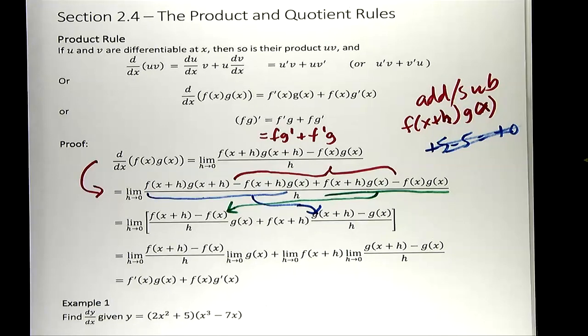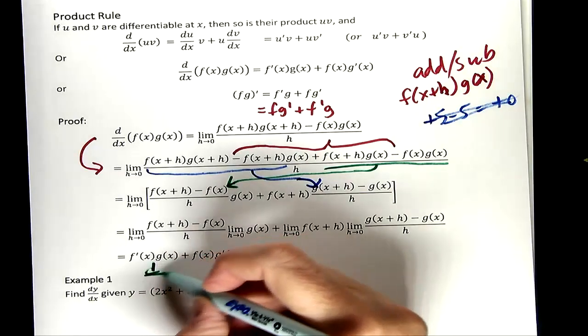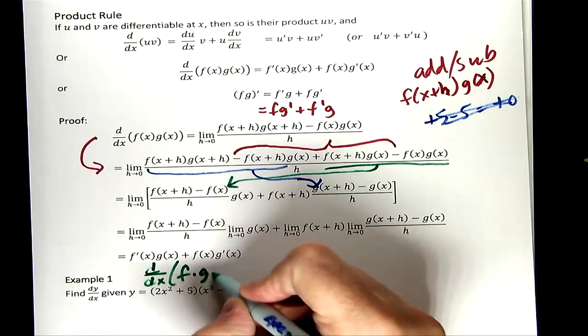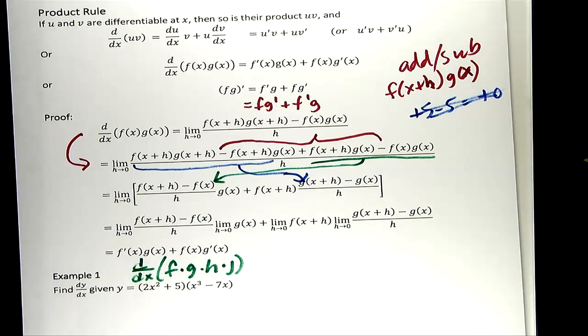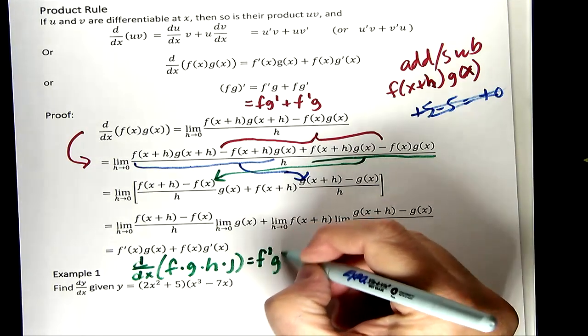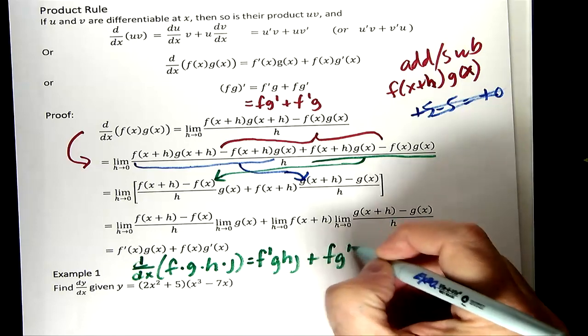The reason why I like it in this order is because the product rule doesn't just have to be two products. Check this out. If we had ddx of f times g times h times j, like 4 different things multiplied together, you just have to go through them one at a time, and you will have addition between each of them.